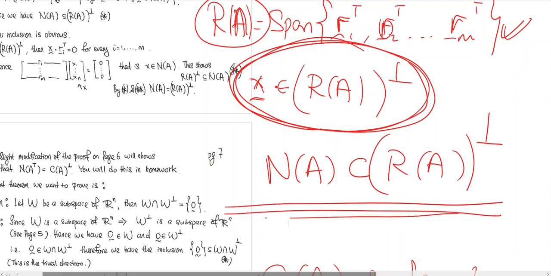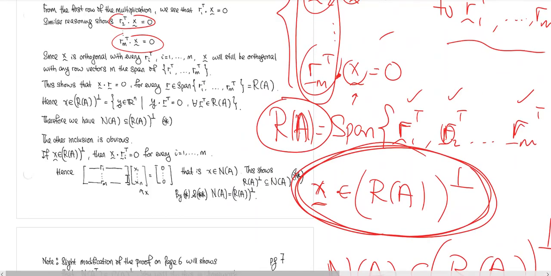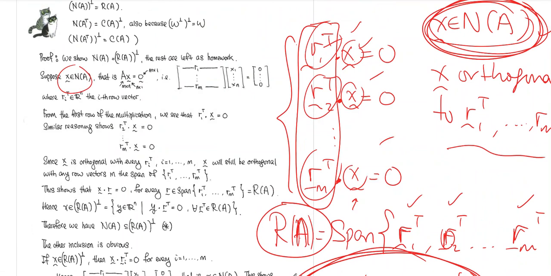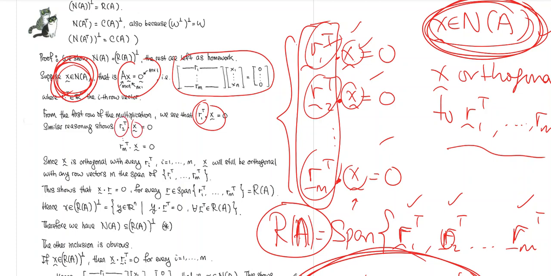So let's go back to the notes and you can see this is what we've been showing. Let's look at this right here. X is in the null space of A, which means that AX equals 0, which means that this X is orthogonal to R1 transpose, orthogonal to R2 transpose, all the way to Rm transpose.